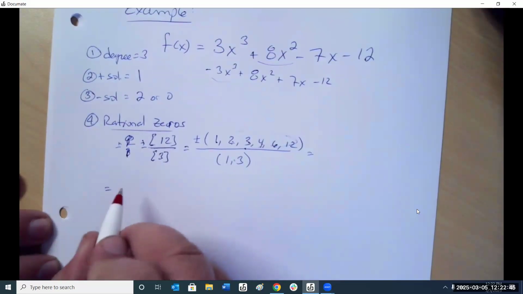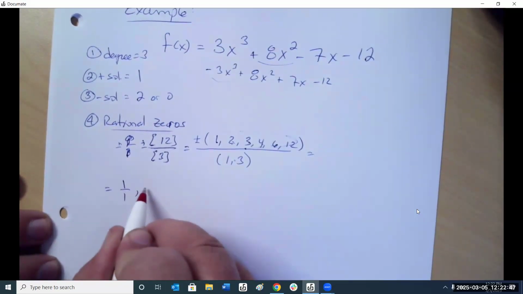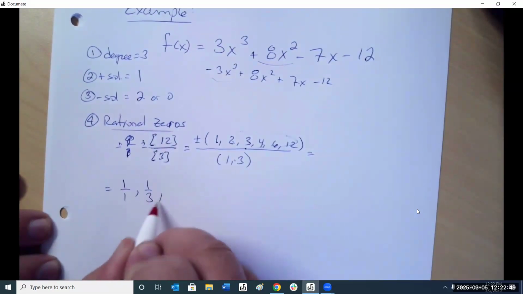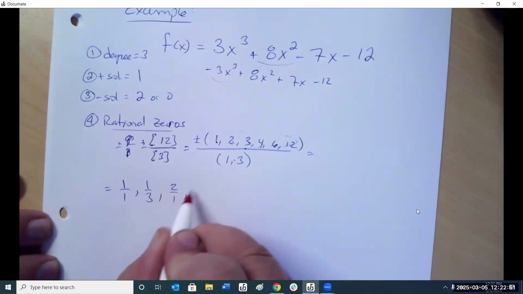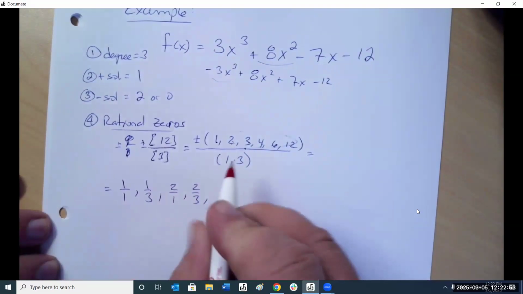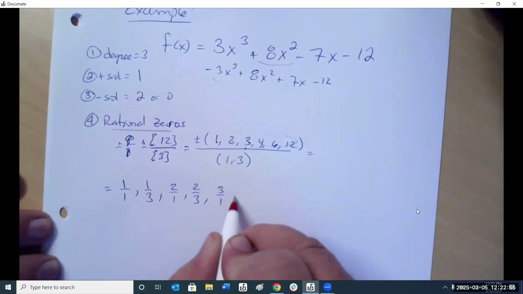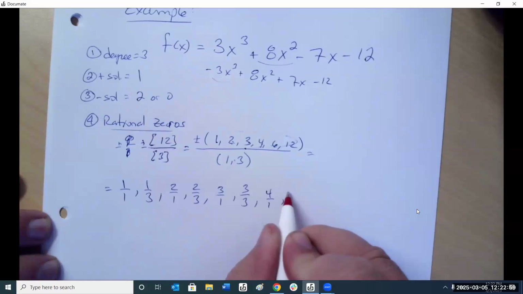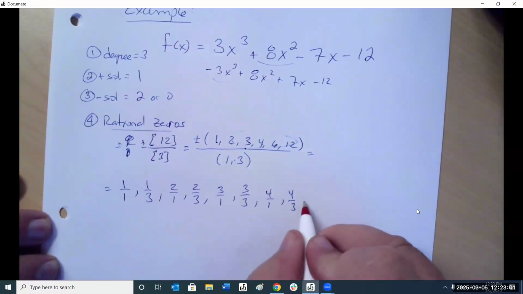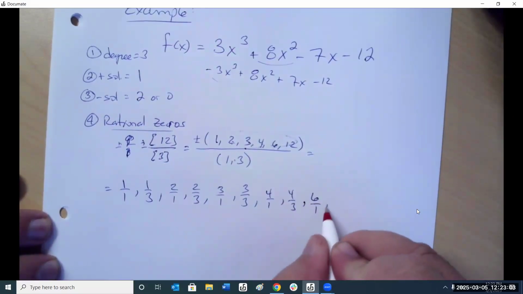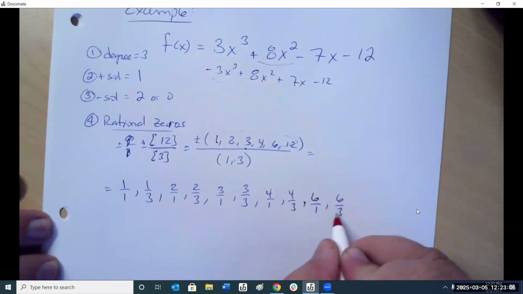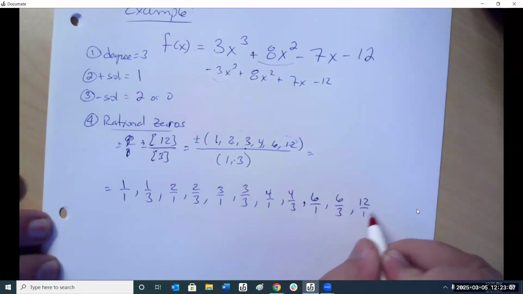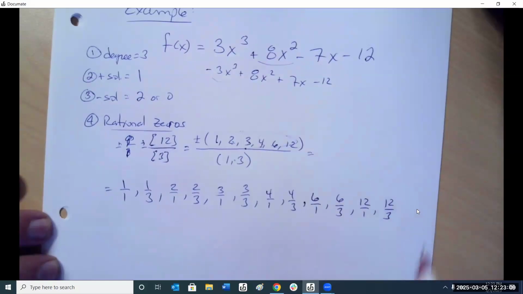So they're going to be 1 over 1, 1 over 3, 2 over 1, 2 over 3, 3 over 1, 3 over 3, 4 over 1, 4 over 3, 6 over 1, 6 over 3, 12 over 1, 12 over 3.